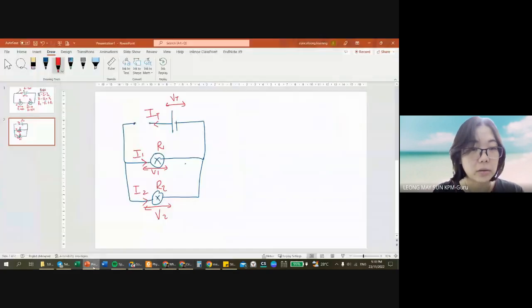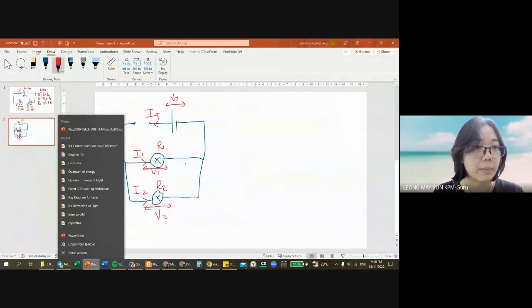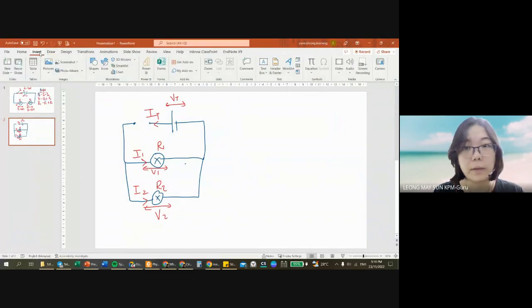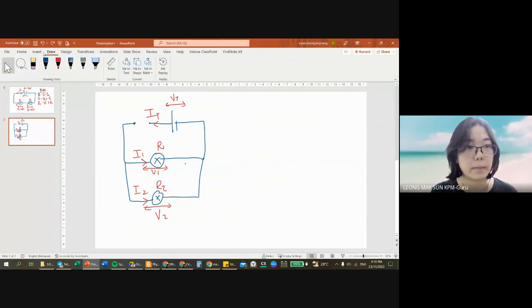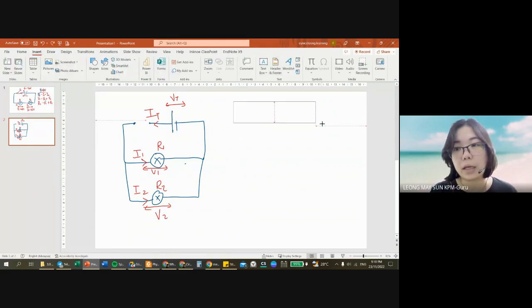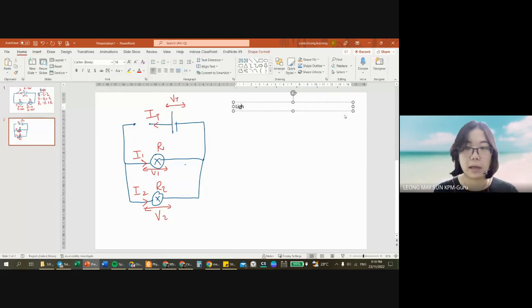Okay, just to clarify one thing, you guys notice that I keep on mentioning one word because in electricity, a light bulb can be a substitute of a resistor.